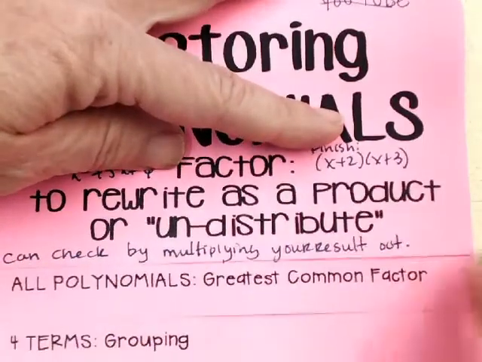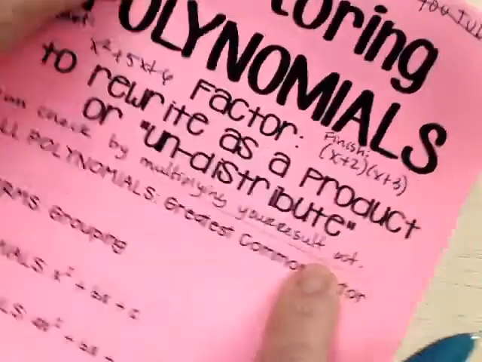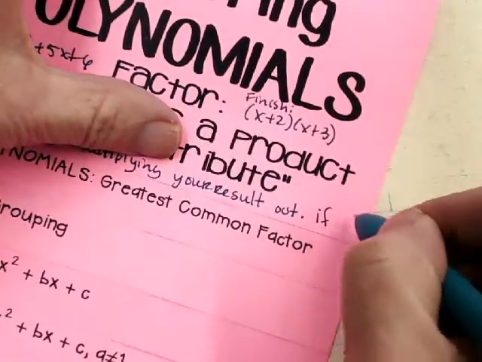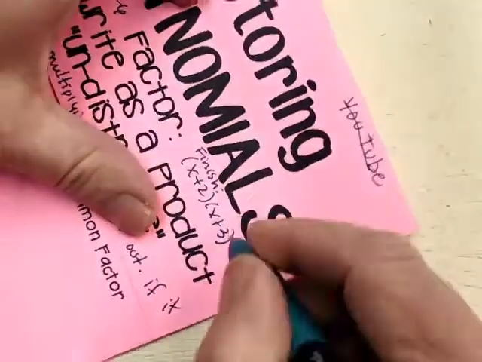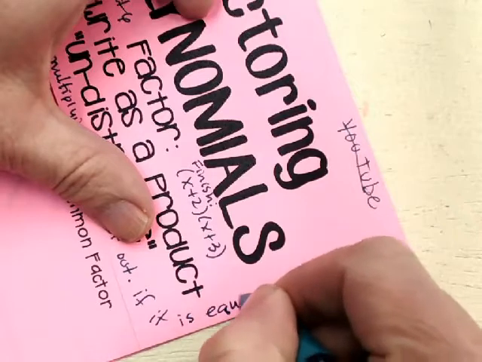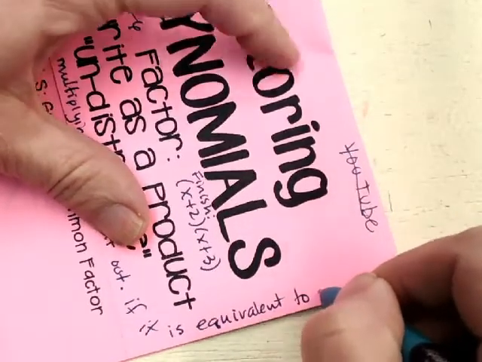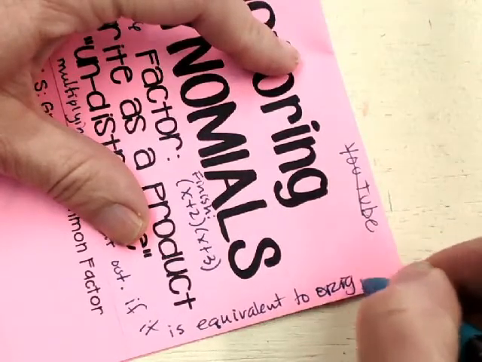I don't have a whole lot of room right there, I may just run it around the side. You can check by multiplying your result out, and if it is equivalent to the original, then it's right.